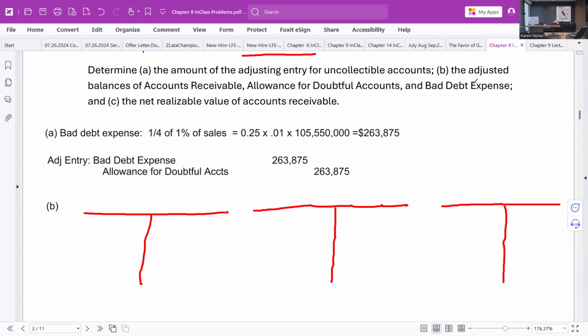So let's label these T accounts: this is accounts receivable, this is the allowance for doubtful accounts, and this is the bad debt expense.